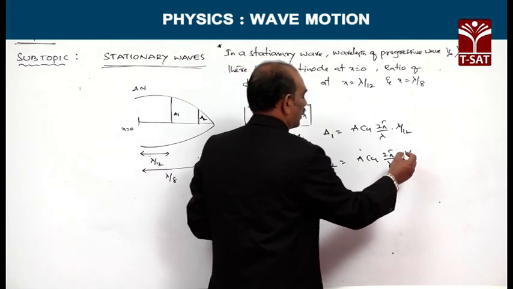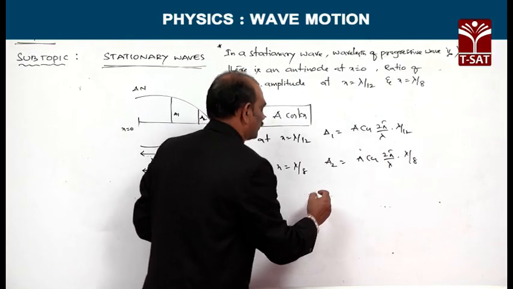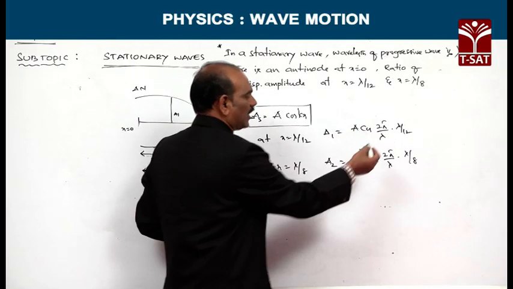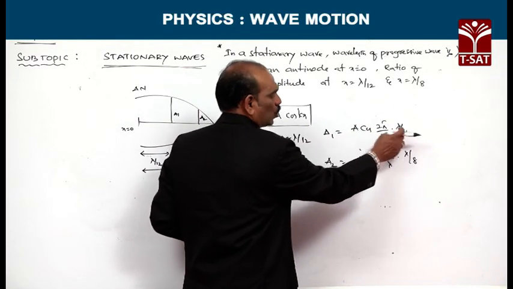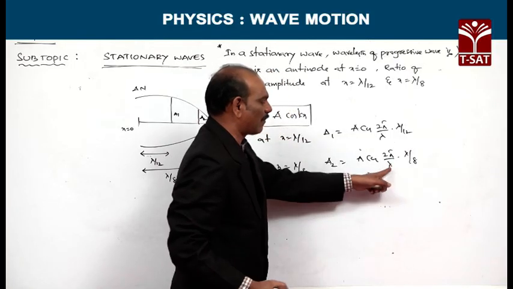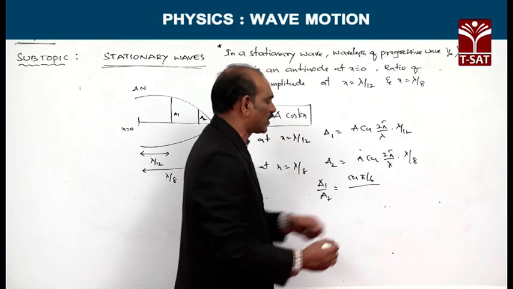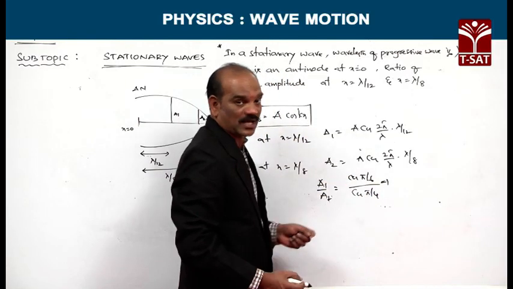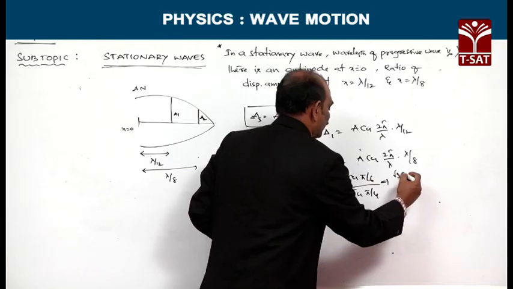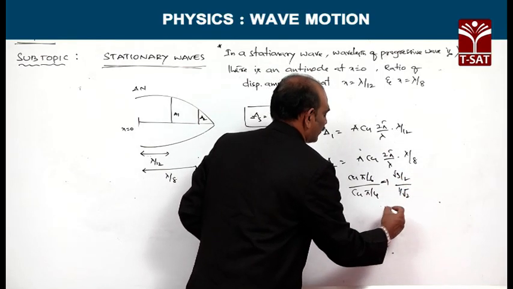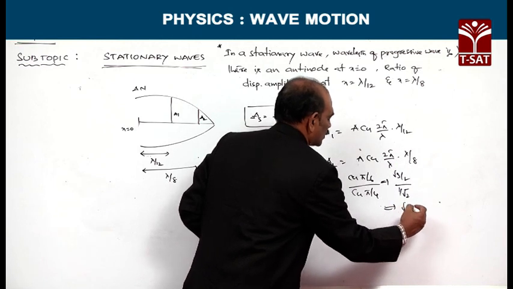He is asking us to find the ratio. A1 by A2: A gets cancelled, lambda gets cancelled, 2 goes 6 times, so cos pi by 6; in the denominator, 2 goes 4 times, cos pi by 4. Cos pi by 6 is cos 30, which is root 3 by 2, and cos 45 is 1 by root 2. The simplification of this is our answer, root 6 by 2.